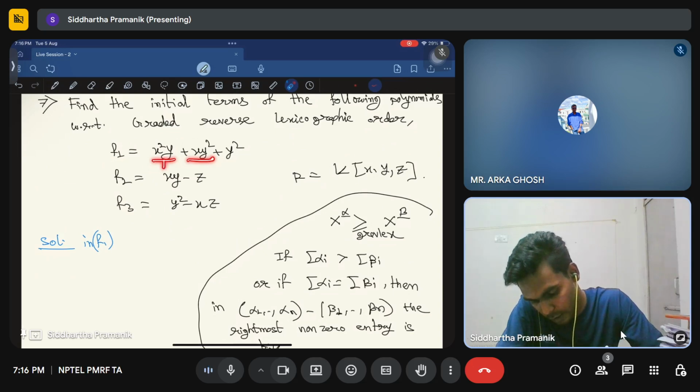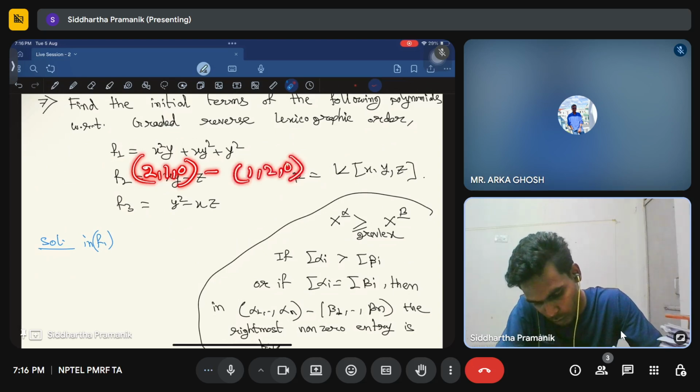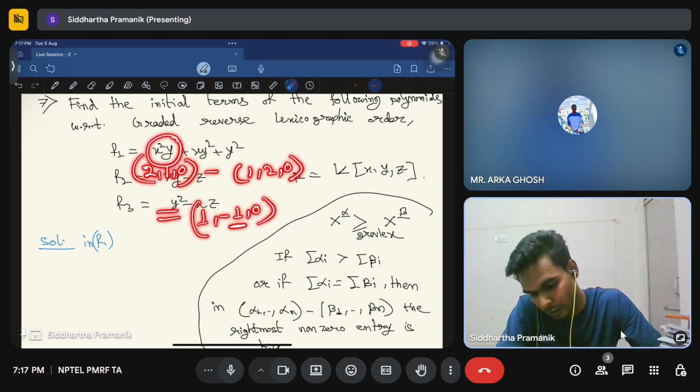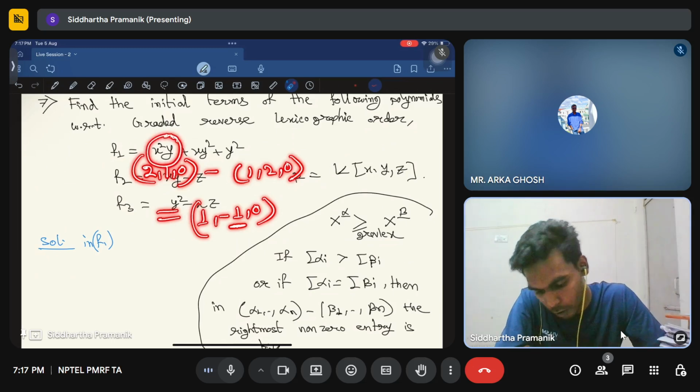For the first, the vector is 2, 1, 0, and for the second it is 1, 2, 0. The difference is 1, minus 1, 0. So the rightmost non-zero entry is minus 1, which is negative. So x square y should be the bigger term with respect to graded reverse lexicographic order.